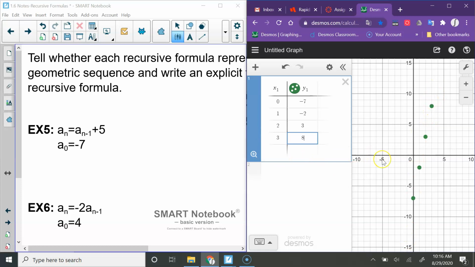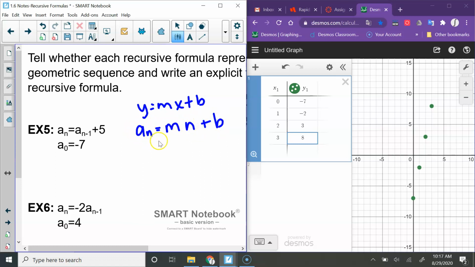And so since this is linear, if I want to write an equation for that, I'm thinking y equals mx plus b right here. But because we're using this recursive notation, instead of y, I'm going to use a sub n. So it's going to be m times n plus b. So instead of using x and y, you're using n and a sub n.